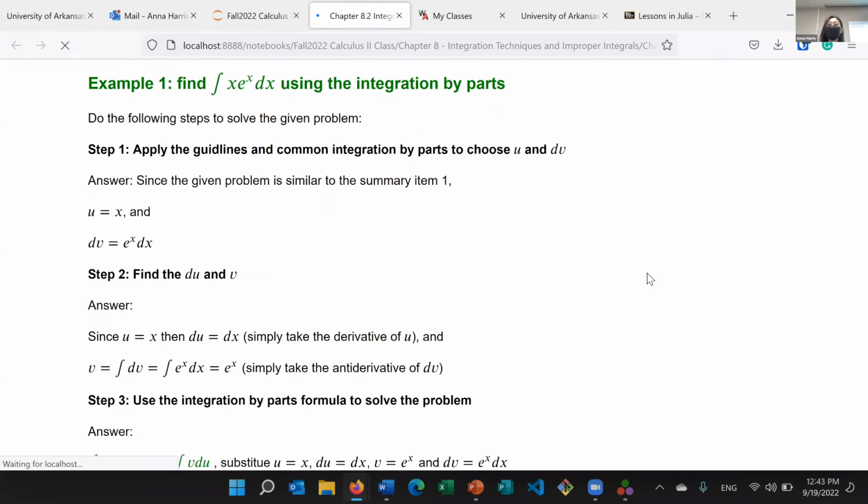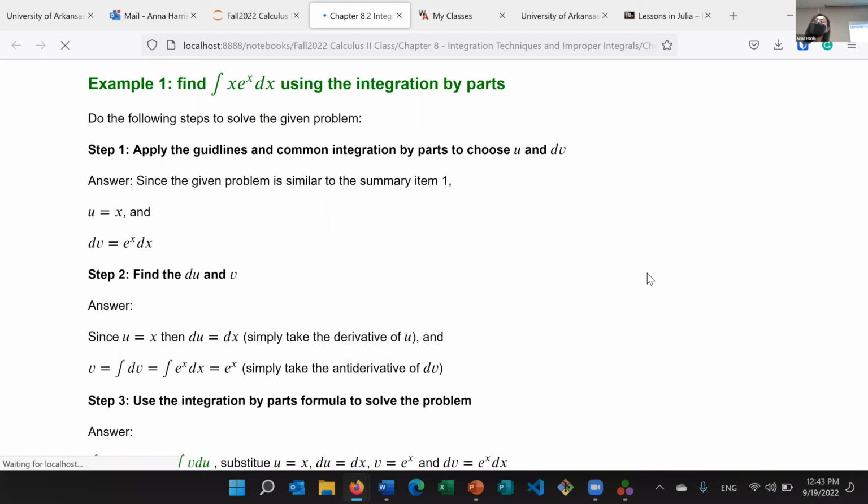Since the given problem is similar to item 1 in the summary, I chose u and dv this way. Why am I choosing u to be this? Why am I choosing dv to be this? Because the summary says item 1 is this.